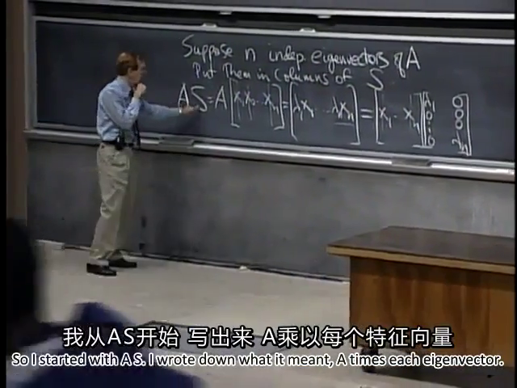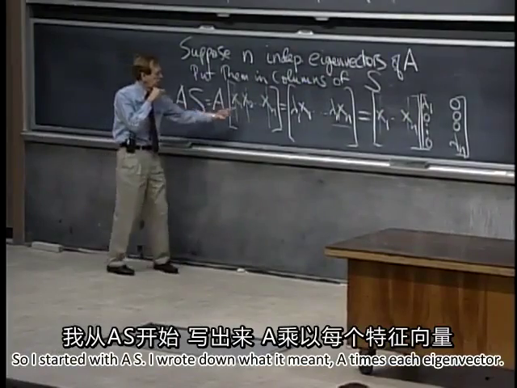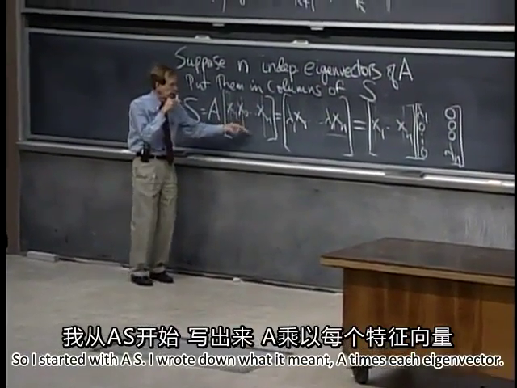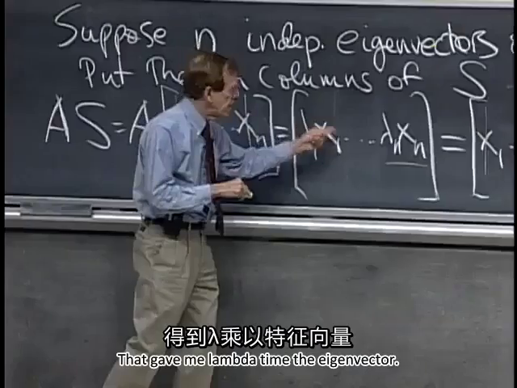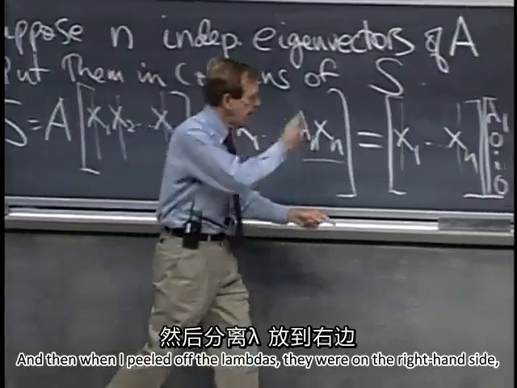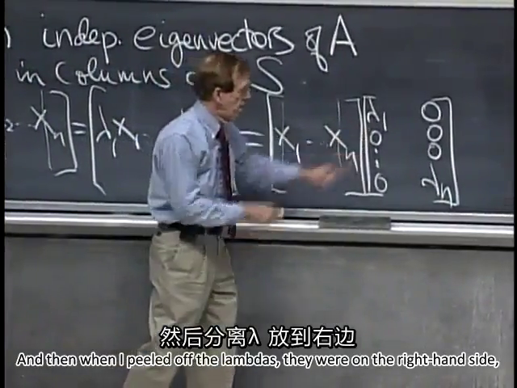So I started with AS. I wrote down what it meant. A times each eigenvector gave me lambda times the eigenvector. And then when I peeled off the lambdas, they were on the right-hand side.